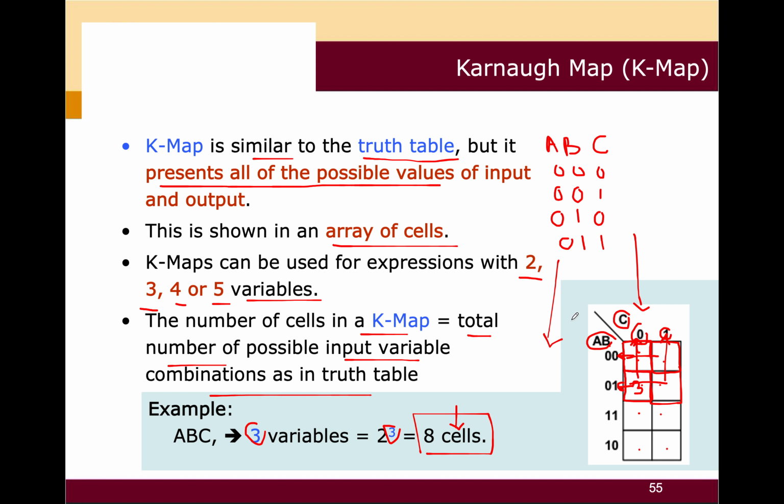And until the rest, you will get 1, 1, 1 for AB, and here is 1. And you can see that it is like a switch, but basically you can also draw it by your own. But this is the standard for the KMAP.